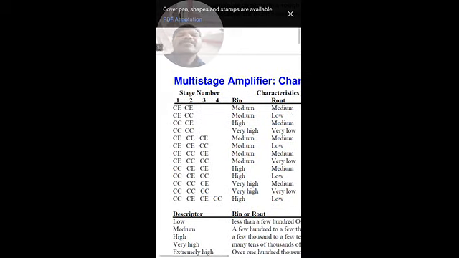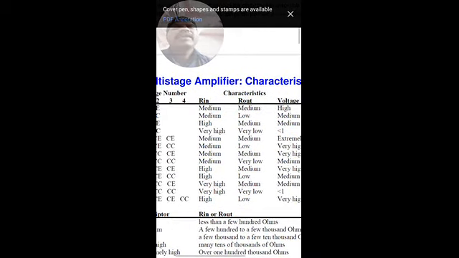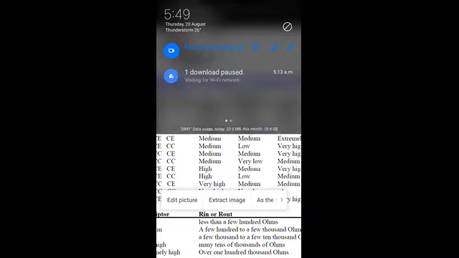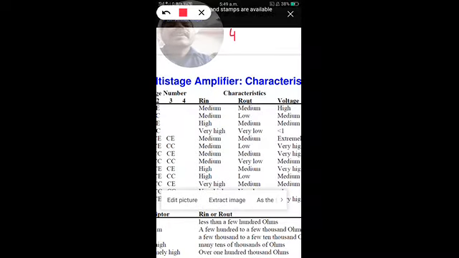Now we'll see the fourth, CC-CC, both two CC stages. So with two common collector stages, a two-stage common collector cascaded amplifier, we have two common collector configurations.